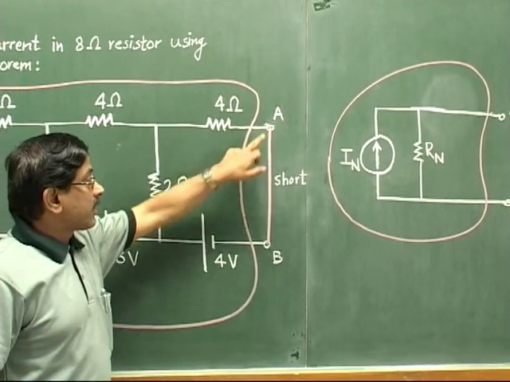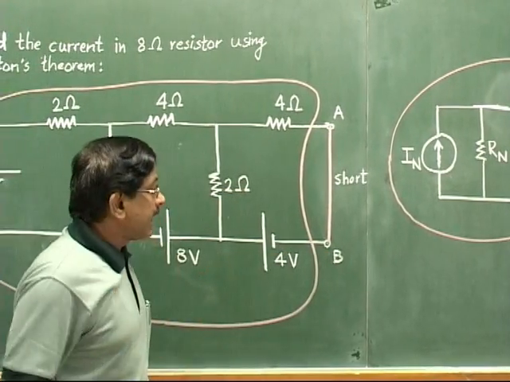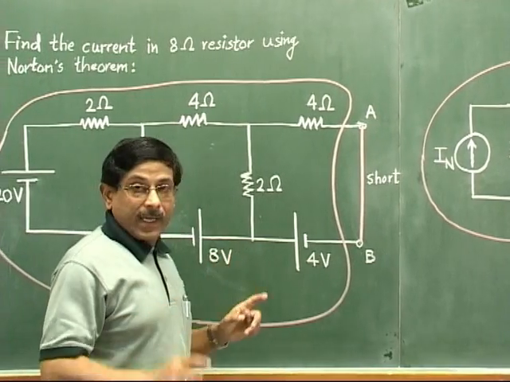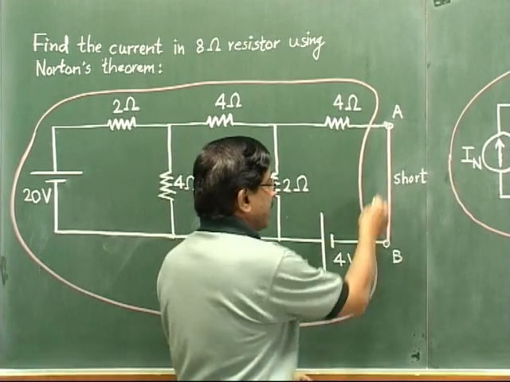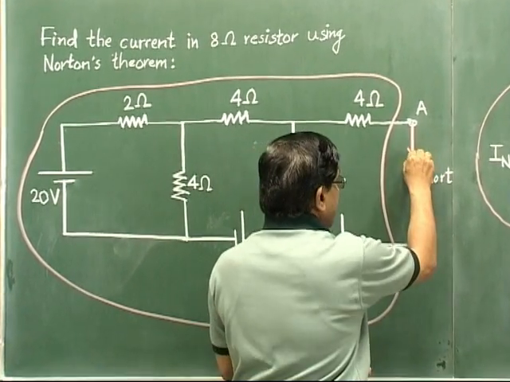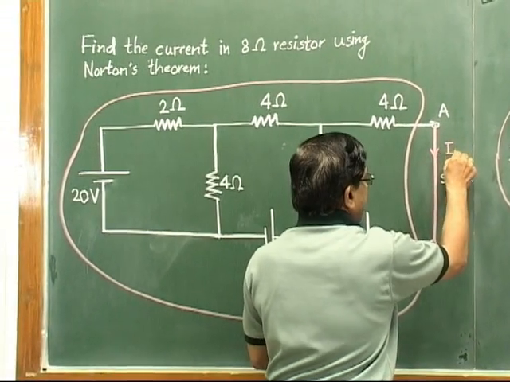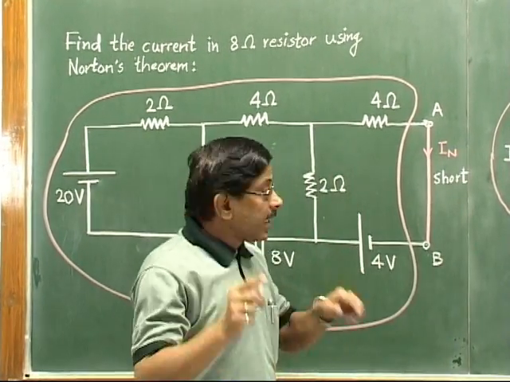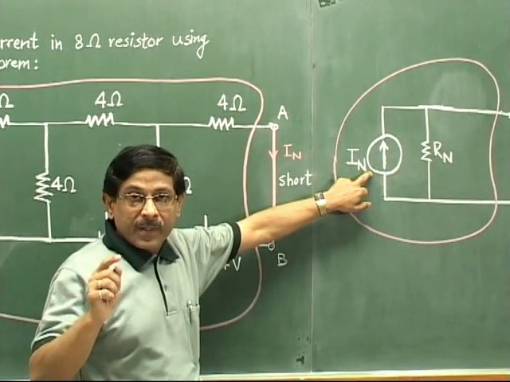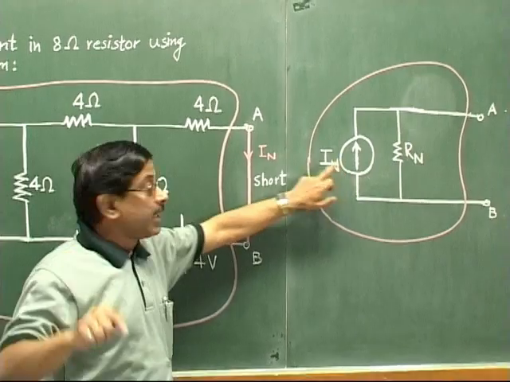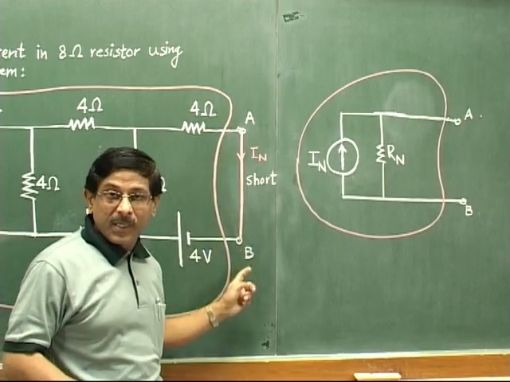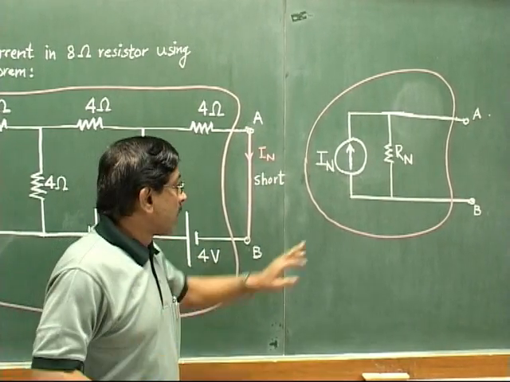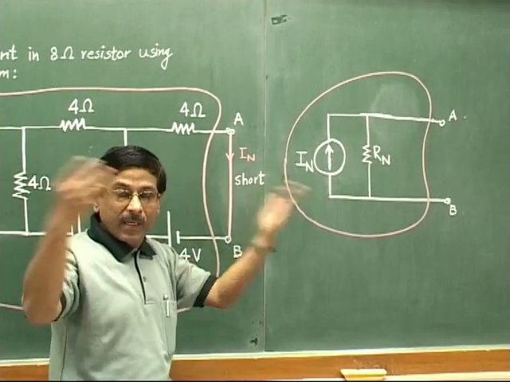If we short these two open points and then calculate the current in this short-circuited link, some current will flow here. This current would be nothing but this IN. So the meaning of this IN is the current that would flow in the shorted link. We will be shorting these points A and B just temporarily for the calculation of IN. Later on we will be removing it.